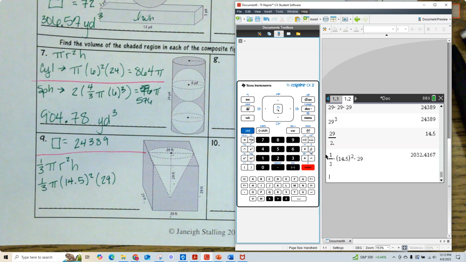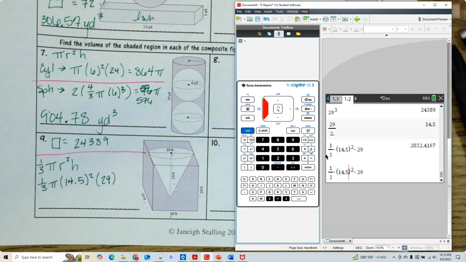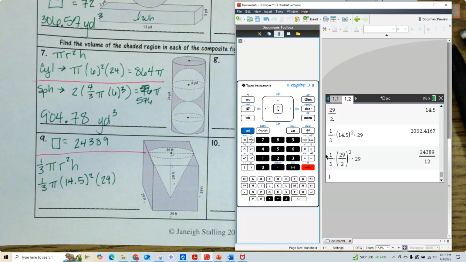Let me try this. In here, I'm going to do 29 divided by 2 in there. Just see what happens. Yeah. That's the downfall of decimals. The decimals like to round off.